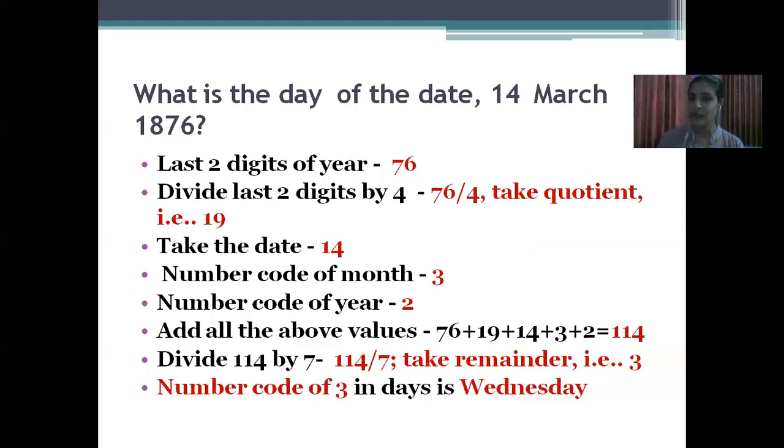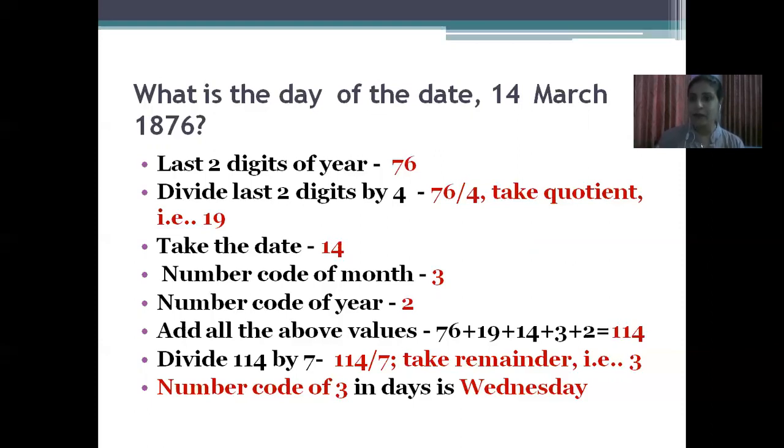Then divide this 114 by 7, because you are asked to find the day of the date, and 1 week consists of 7 days. 114 by 7 gives the quotient 16. 114 is not exactly divisible by 7; you get the quotient as 16 and the remainder as 3.